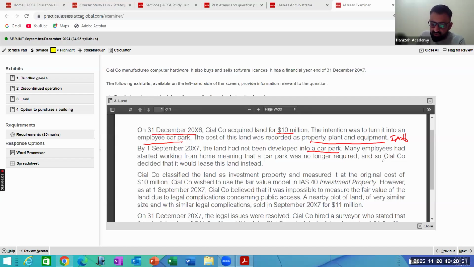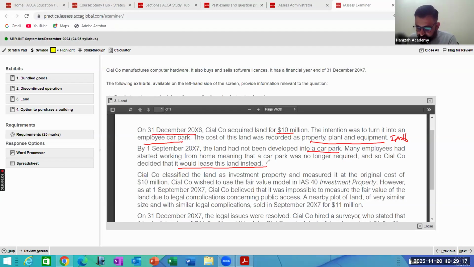Many employees had started working from home, meaning that the car park was no longer required, and C company decided that it would lease this land instead. The land will be leased. C company classified the land as investment property and measured it at the original cost of 10 million.